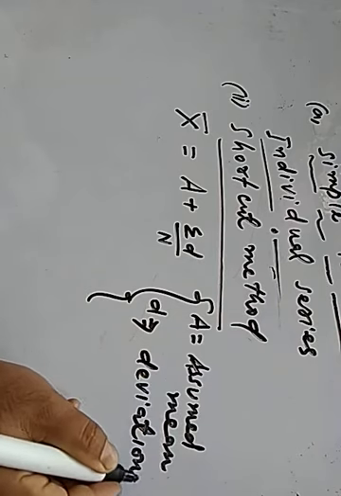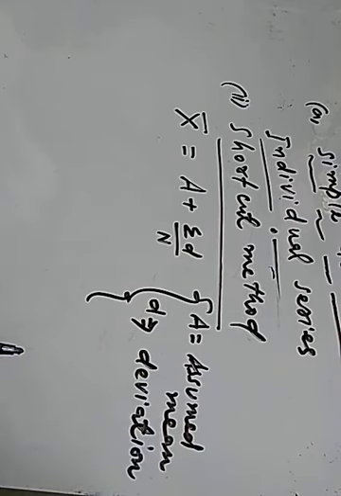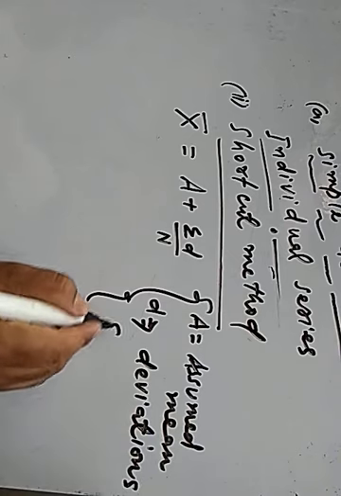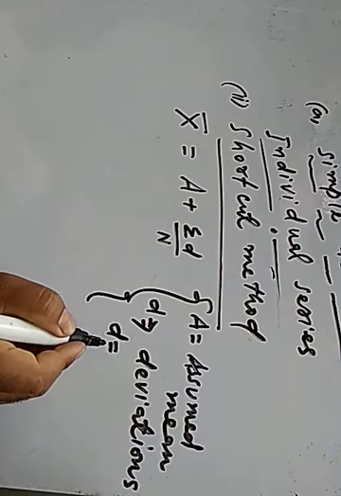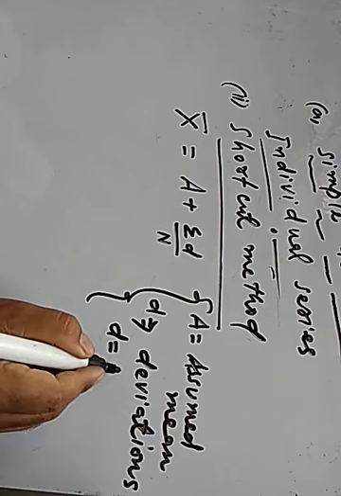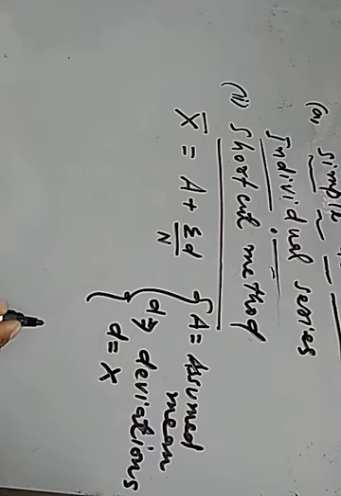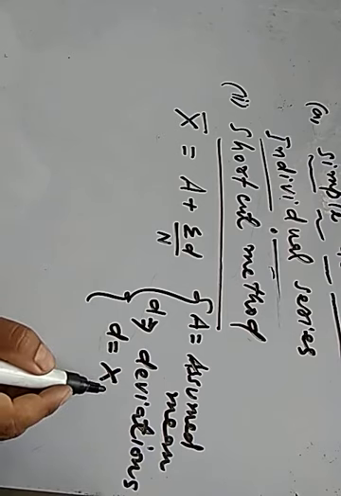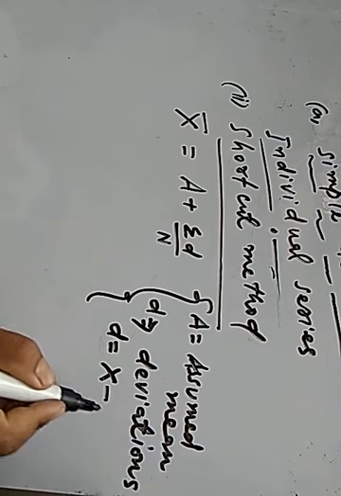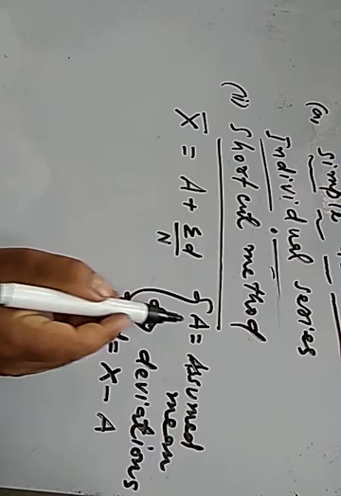That is, it shows the deviated value from the actual value, and it is obtained with the help of this formula: d is equal to x, the different values of the variable, minus the value of the assumed mean.